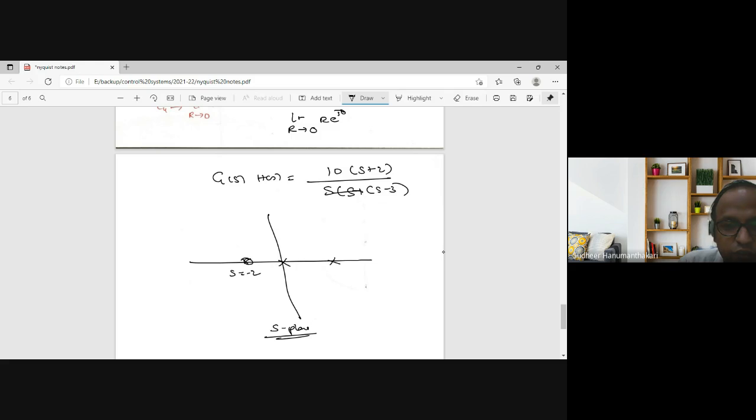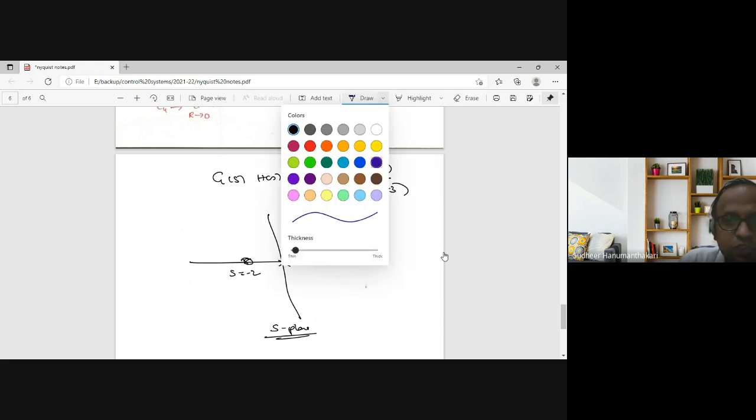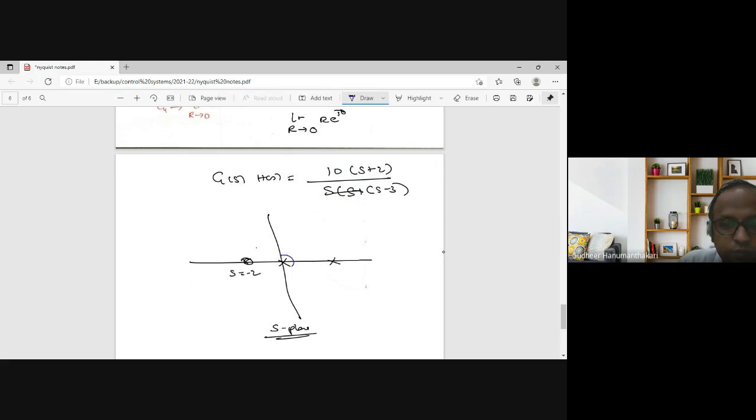Now what contour should I take? I should select a contour like this, C1, C2, C3, C4, covering all the poles on the right hand side of the S plane.